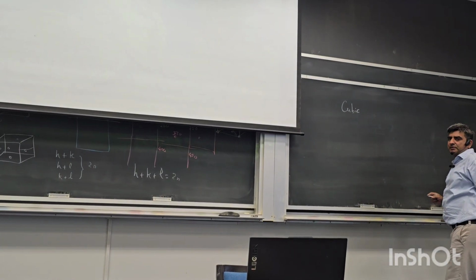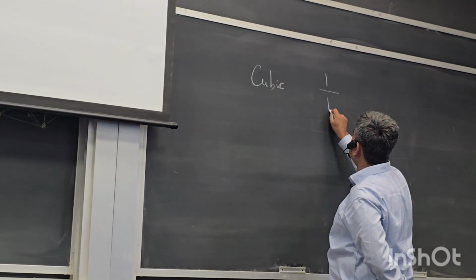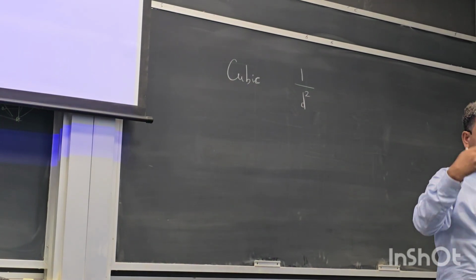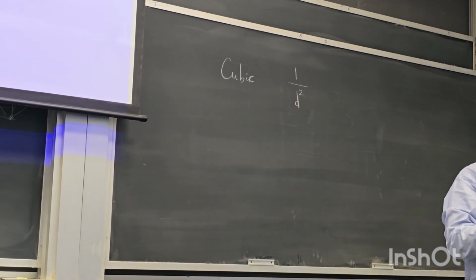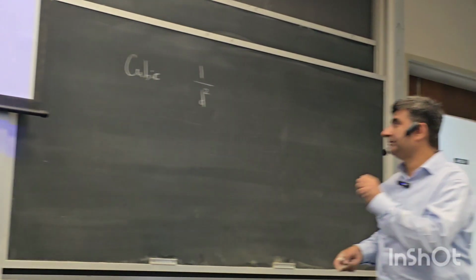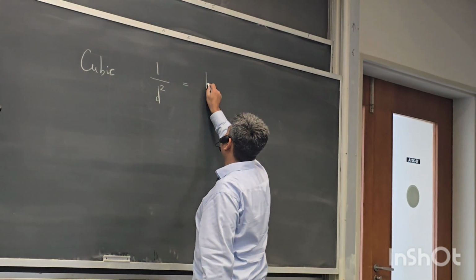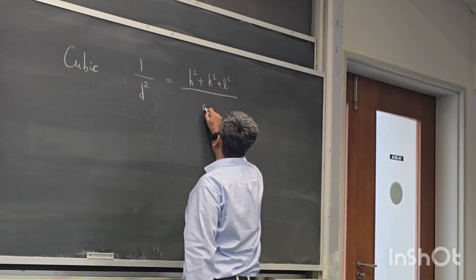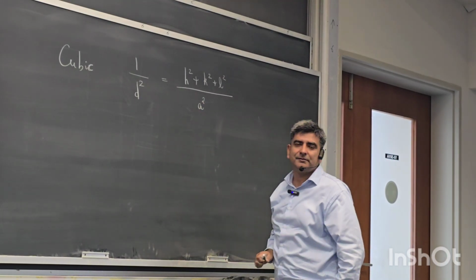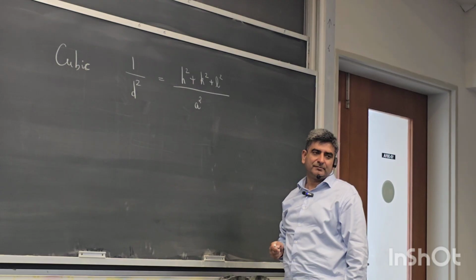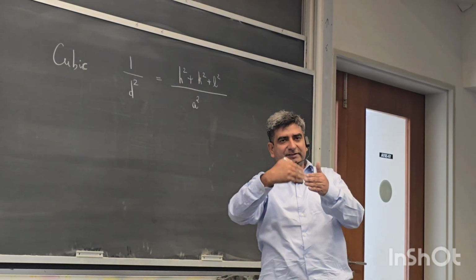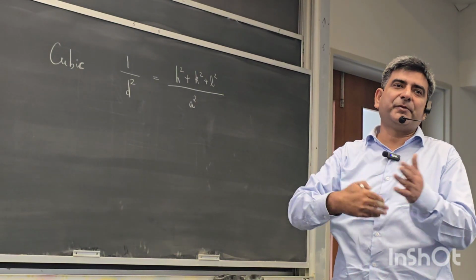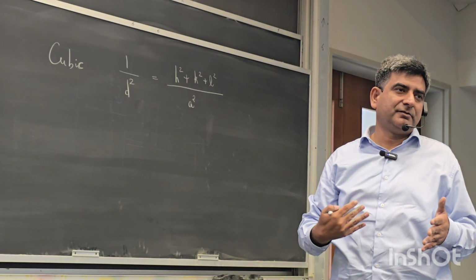For the cubic system, if you look at the HKL planes, the distance between HKL planes, which is d, is given by 1 over d square equals H square plus K square plus L square over a square, right? This is for the cubic system. And you can draw HKL planes in the cubic system. You know the indices HKL, and you can find out the distances between those planes from simple geometry or trigonometry.